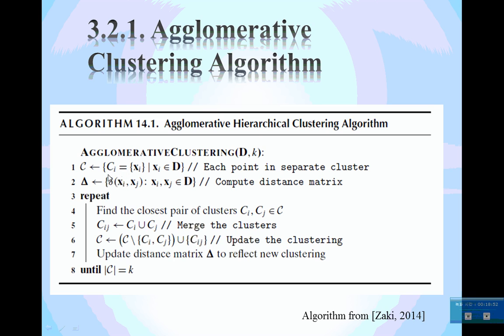Then we compute the distance between each 2 data points, and find the closest pair of clusters, meaning the closest data points, because every data point is a cluster in the first step. Then those 2 closest data points will become one cluster.